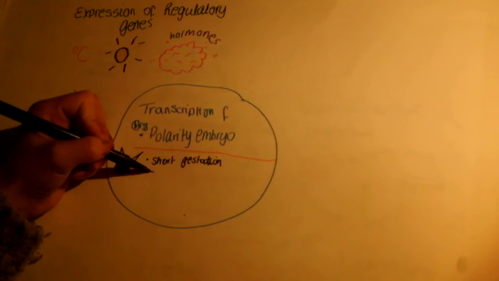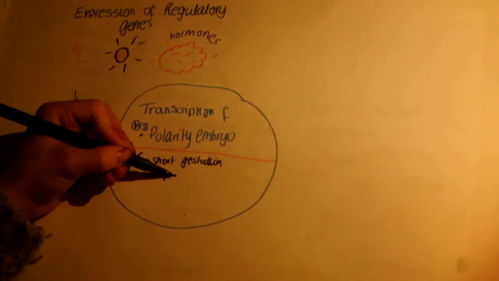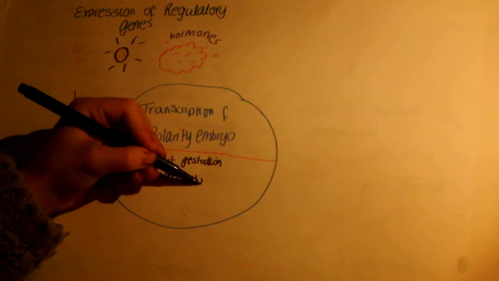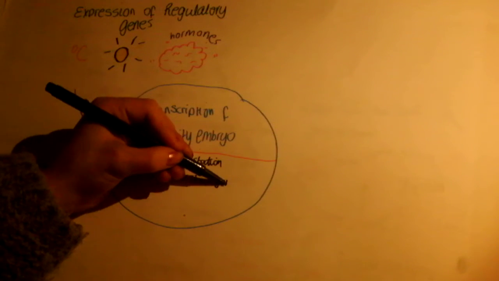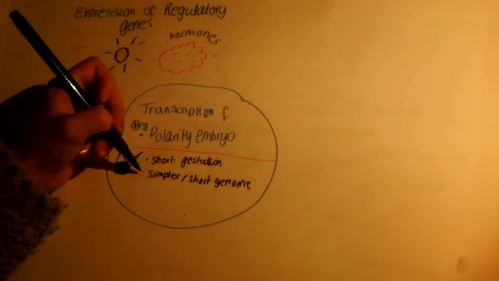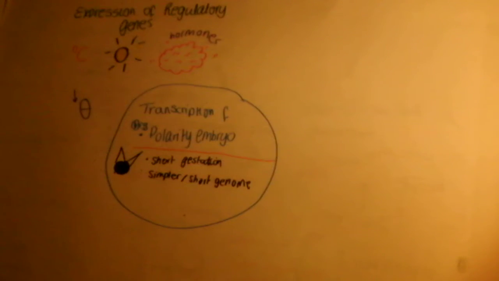They have a simpler or smaller genome. That's why we also look at the lac operon quite a lot, because it's quite a small genome, while humans have a long complex genome. Flies only have short genomes, like a bacterium does.